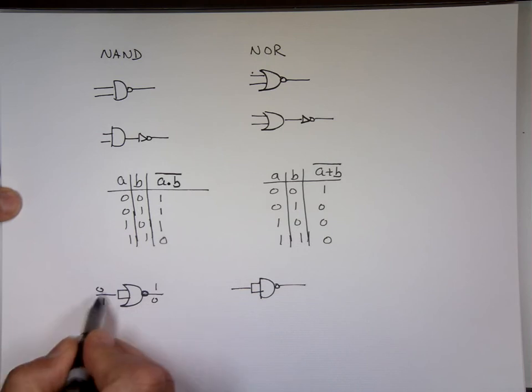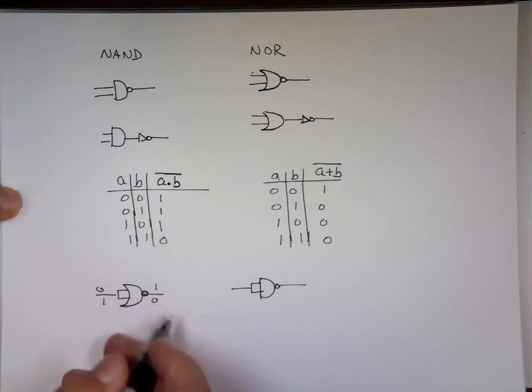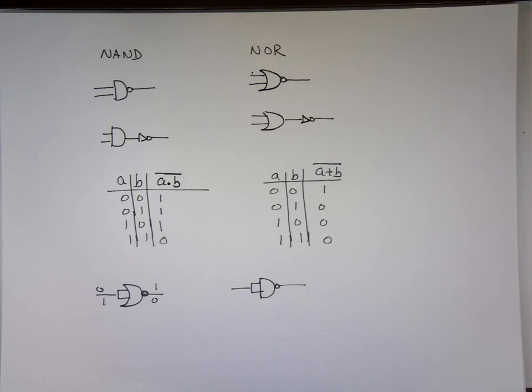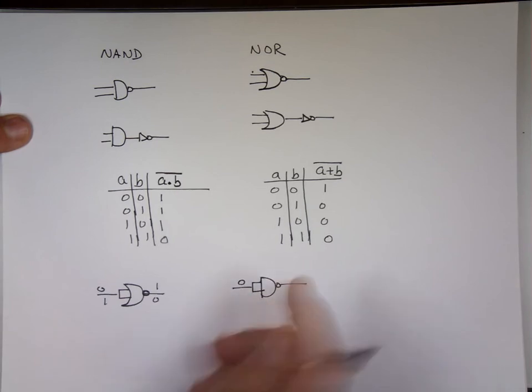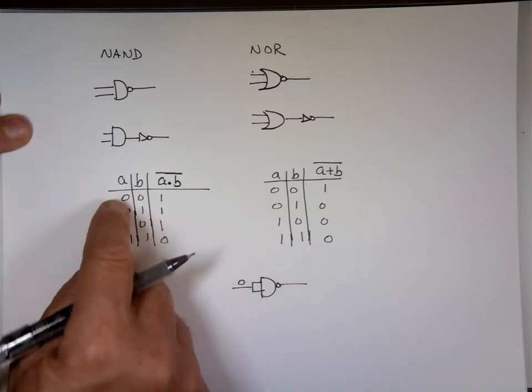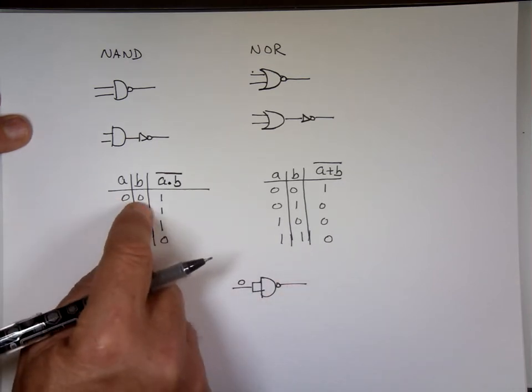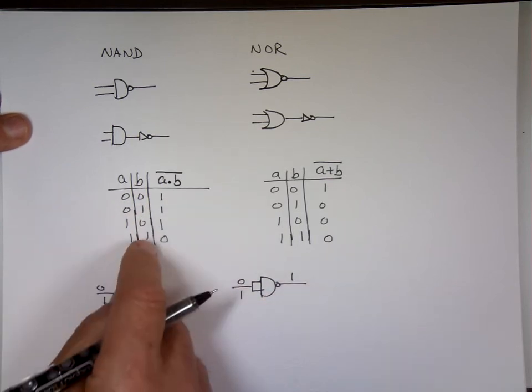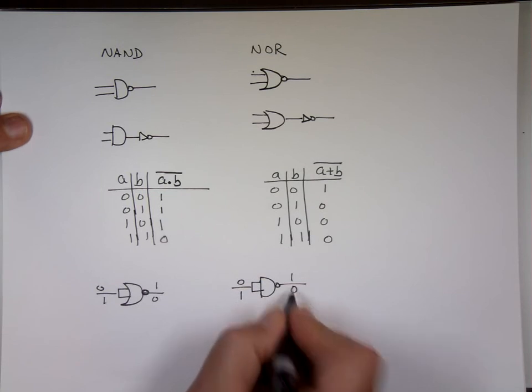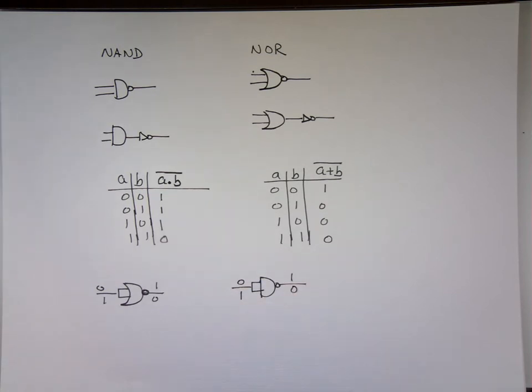You put a 0, you get a 1. You put a 1, you get a 0. Same thing with an AND gate or NAND gate. If both inputs are 0, NAND gives 1. When I put a 1, NAND gives 0. So that's how I make my NOT gates.